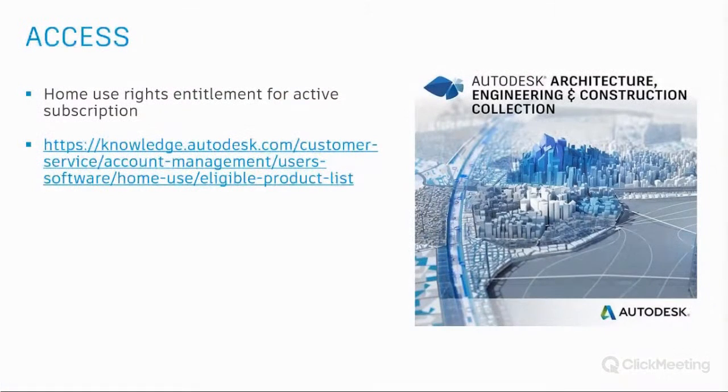Within the Autodesk portfolio, if you have an active agreement or subscription with Autodesk, we provide home use rights to allow you to use your applications at home. Once you activate your license, you don't have to borrow licenses or get another license for home use. All you have to do is simply authenticate your license through the internet, and you should be able to use either the AEC Collection, Revit or AutoCAD.